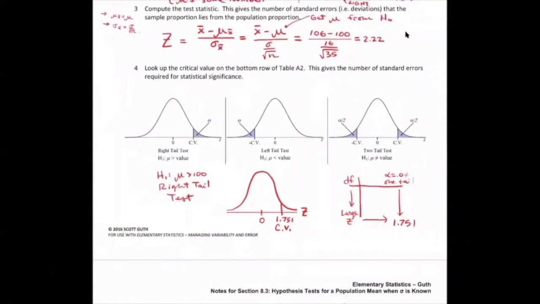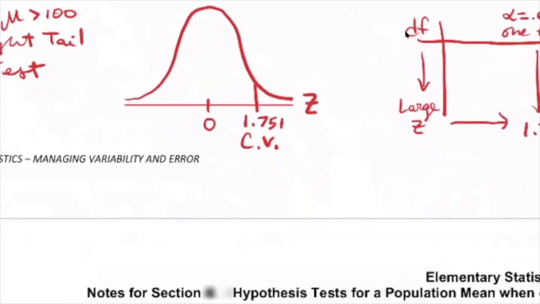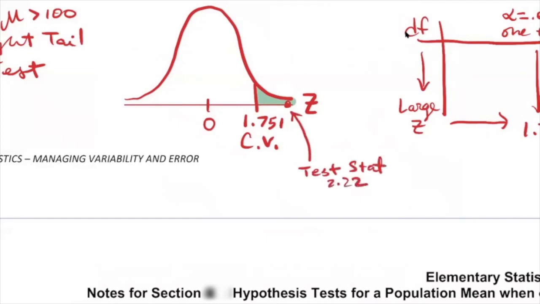Just as a reminder, for our test statistic, we got 2.22 standard errors. So I think, yes, we can call that significant. It does go out into the tail. So I'll put a mark down for this. And because it makes it out past the required number of standard errors, we would consider it significant.